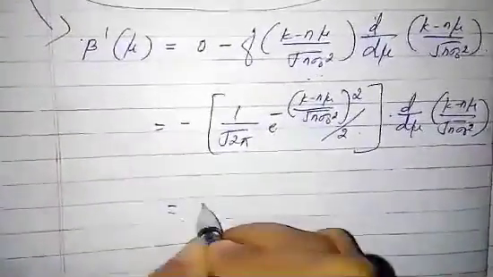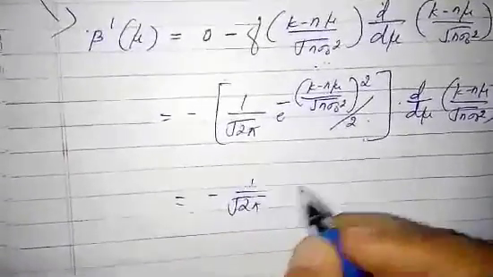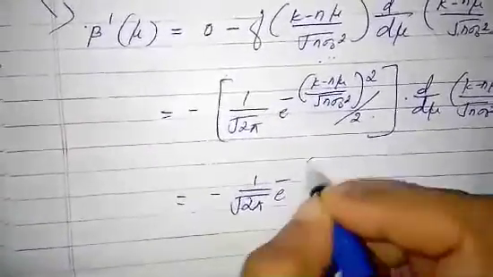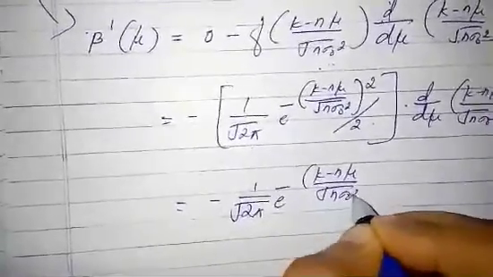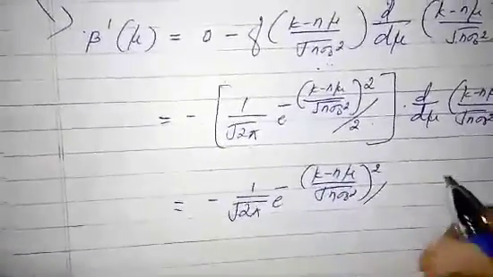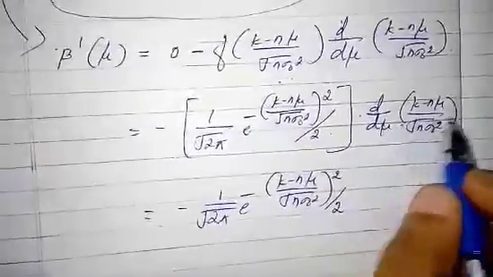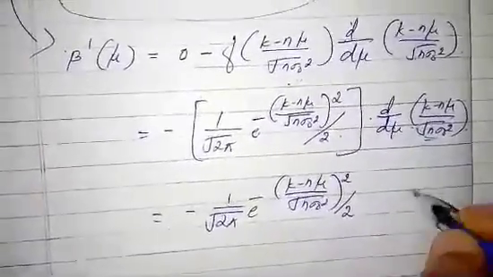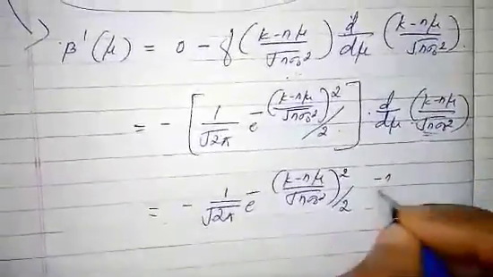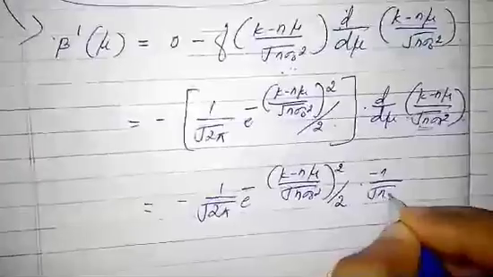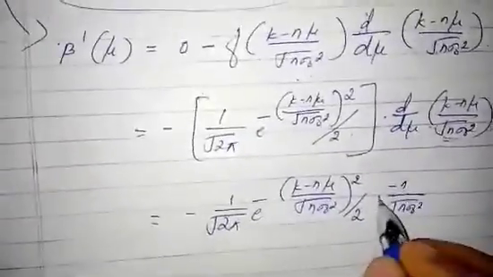Which equals minus 1 by square root of 2 pi e power minus k minus n mu divided by square root of n sigma naught square, whole square, divided by 2, into the differentiation of this term, which is 0 minus n divided by square root of n sigma naught square.